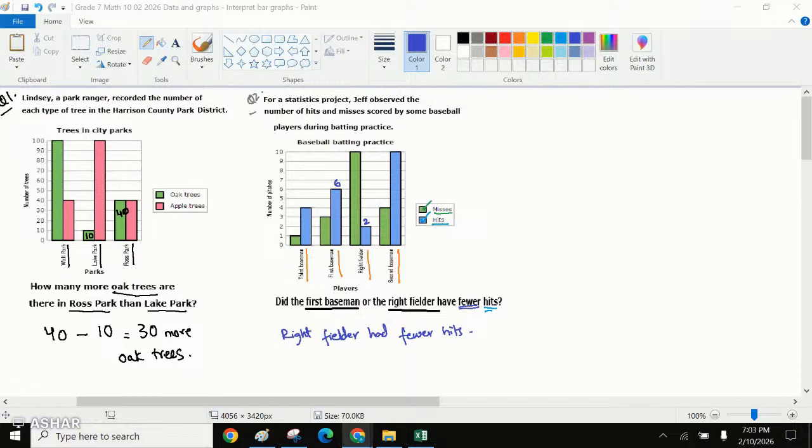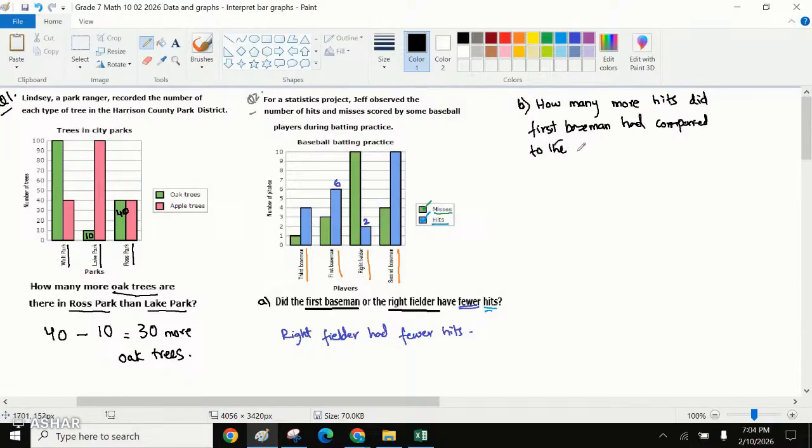Let's add some more questions to this. In the second part of the question, they're asking us how many more hits did the first baseman have compared to the right fielder.